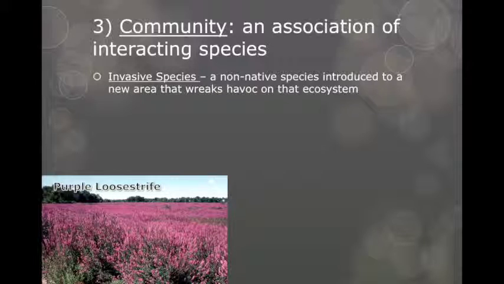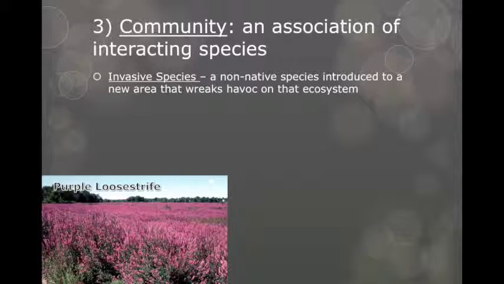Purple loosestrife is an invasive species that was used as a landscaping flower, and it turns out that it's really good at competing for resources within wetland environments. When it gets out away from landscaping uses into wetland environments, it completely takes over them and basically outcompetes and chokes out everything else that's there.